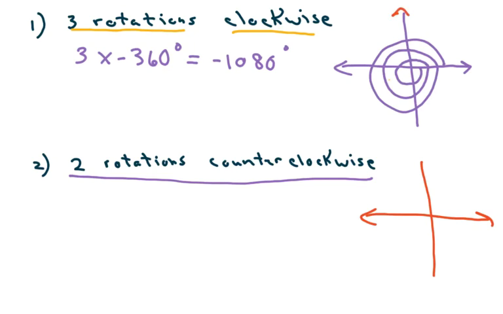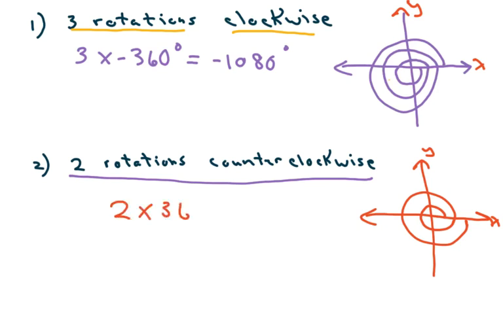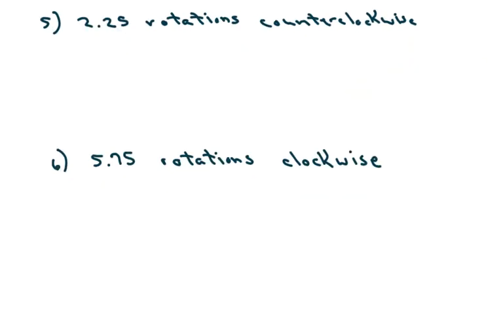And again, these are x and y. I kind of get lazy here. So that would be 1, 2. So it's 2 times 360 degrees, which equals 720 degrees. And if we continue on, we have 2.25 rotations counterclockwise.